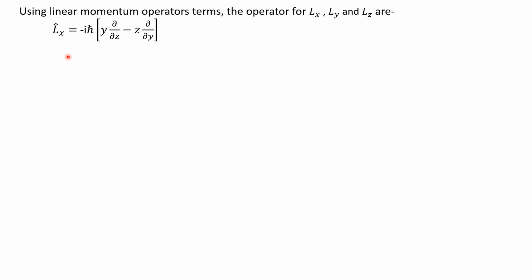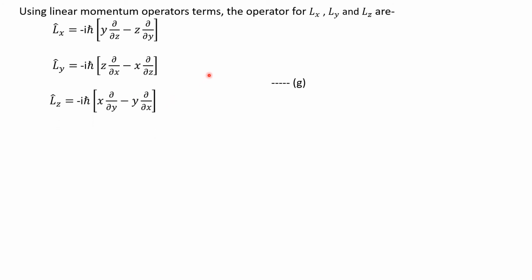Similarly, Ly operator is minus i h-cross into bracket z del by del x minus x del by del z. Similarly, Lz operator equals minus i h-cross x del by del y minus y del by del x. And these equations represent the angular momentum operators along the x, y, z axes. We call that equation Z.